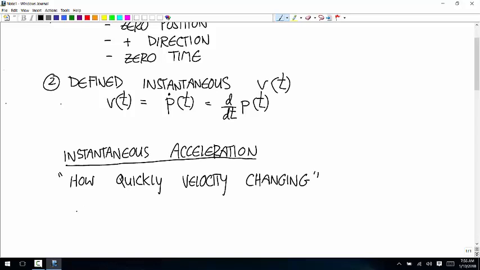And the definition of acceleration as a function of time is the time derivative of the velocity. And since velocity is the time derivative of position, you can also think of this as p double dot of t, or the second time derivative of the position function.